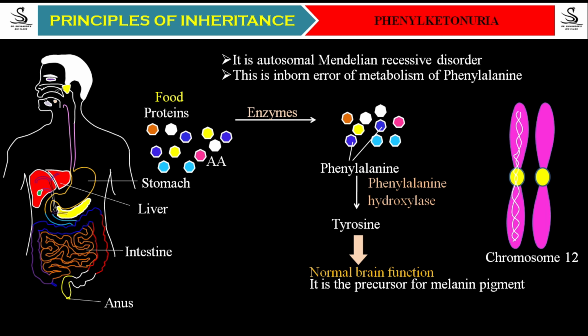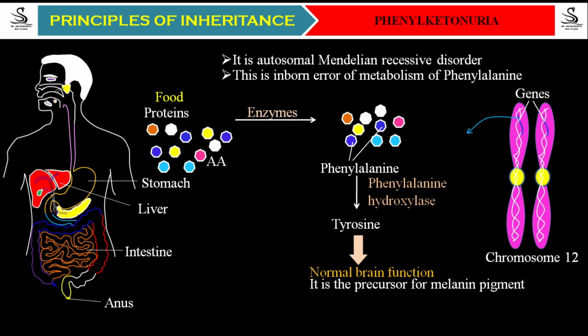On this 12th chromosome, we see the presence of a gene which is responsible for the formation of phenylalanine hydroxylase. Consider that here the gene is there, and here there is one more gene. Suppose we received this chromosome from the father and this chromosome from the mother. So both of these are genes responsible for the formation of phenylalanine hydroxylase. Actually, what happens, students?